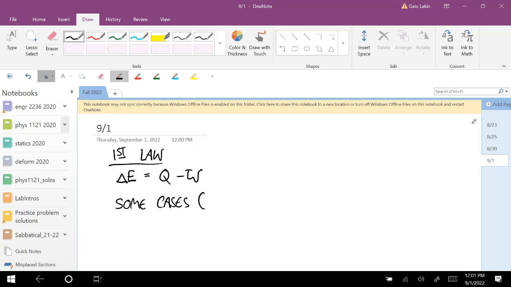The most obvious case is when you're doing heat transfer calculations.